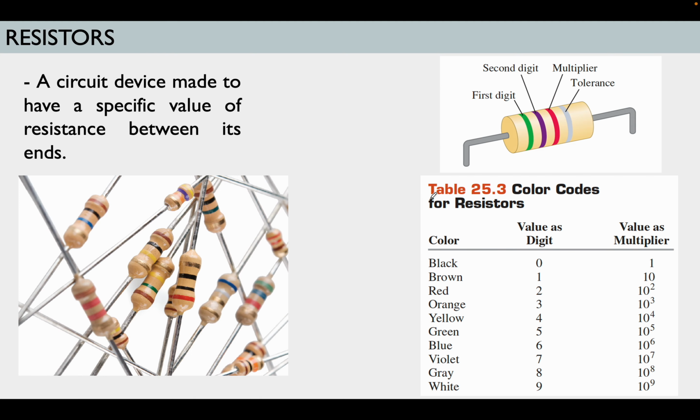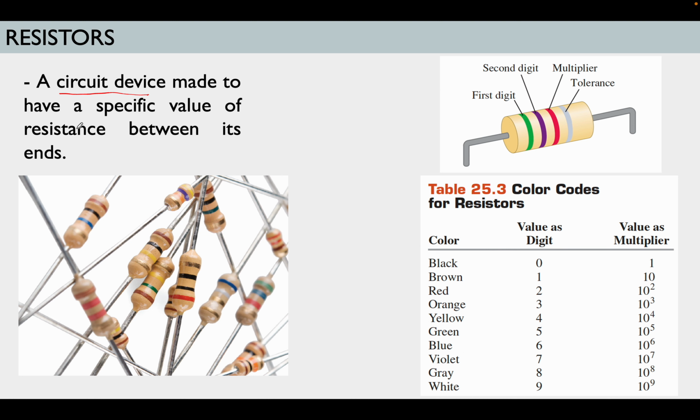Okay, so how about for the resistors? What are resistors? We have here a figure that is an example of what a resistor looks like. So we have here different types, different resistors of different resistances. A resistor is a circuit device made to have a specific value of resistance.